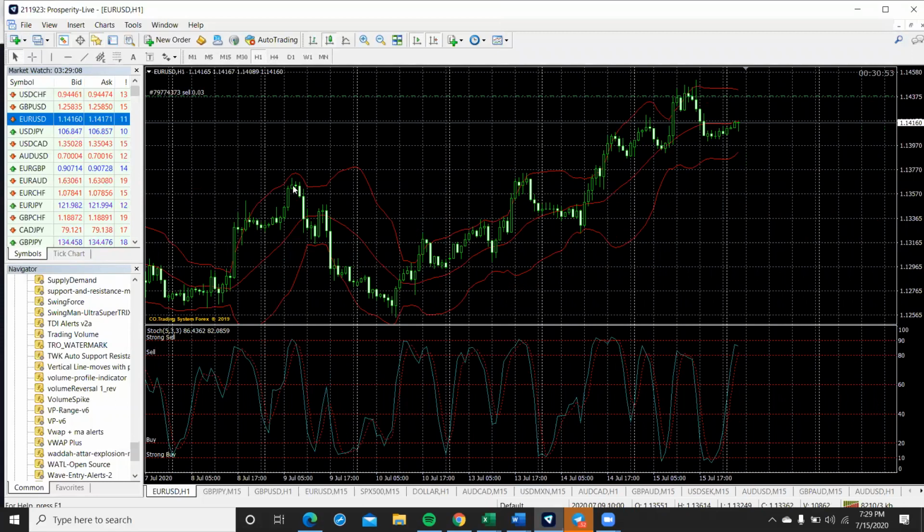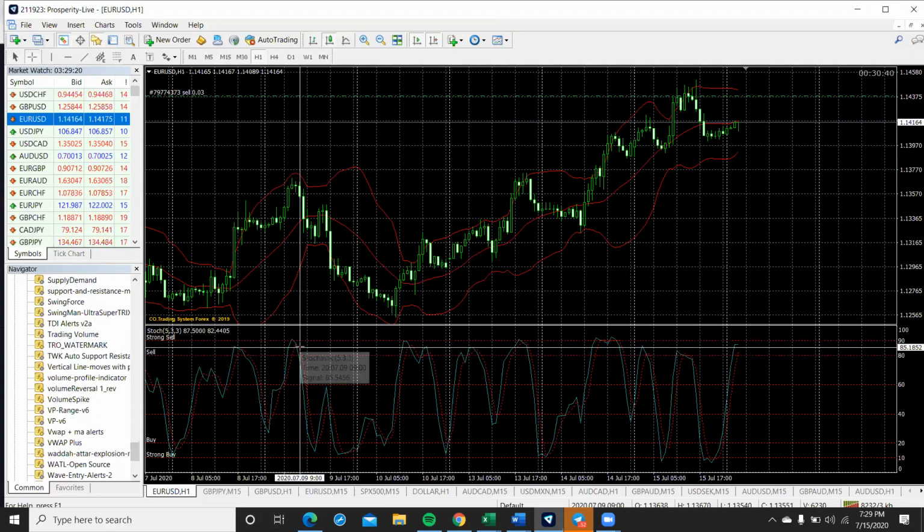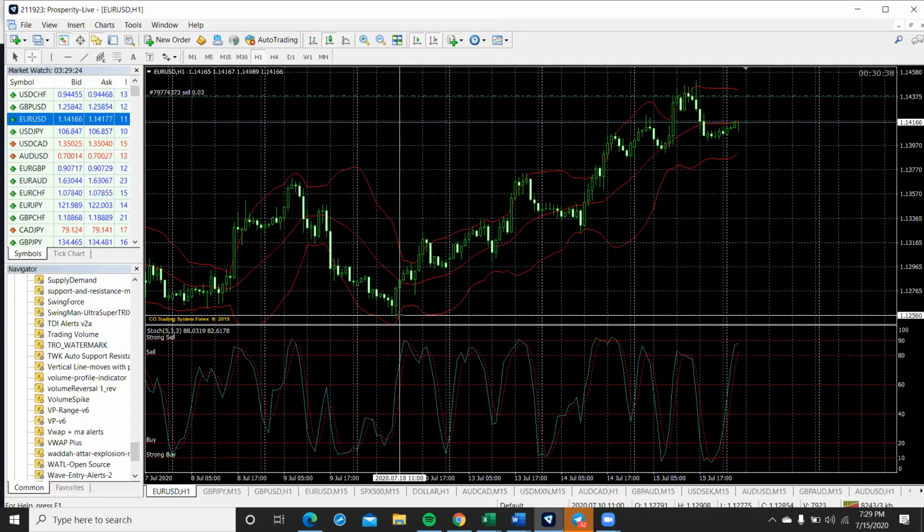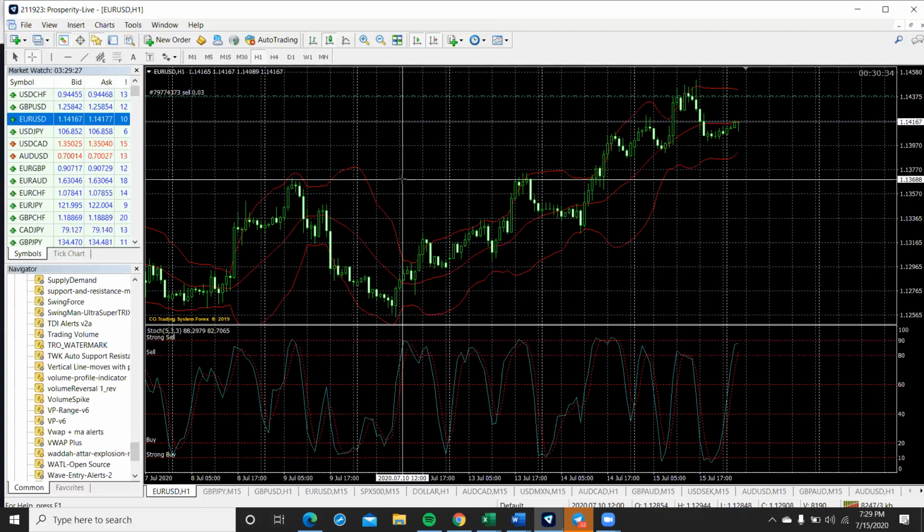Same concept here, except you want to see price approach the outer band and start to point down. It's going to be an entry, 25 pip stop loss, ride it down.